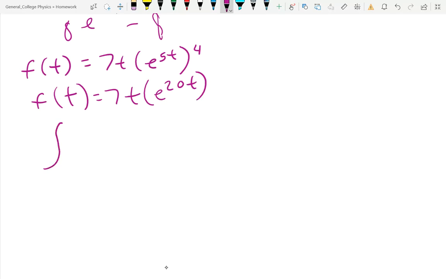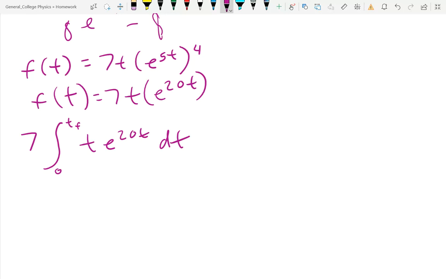So we have upper limit is t of f, lower limit is 0, of, and we can leave the 7 out. This is a constant, and so we're left with t e to the 20t dt.